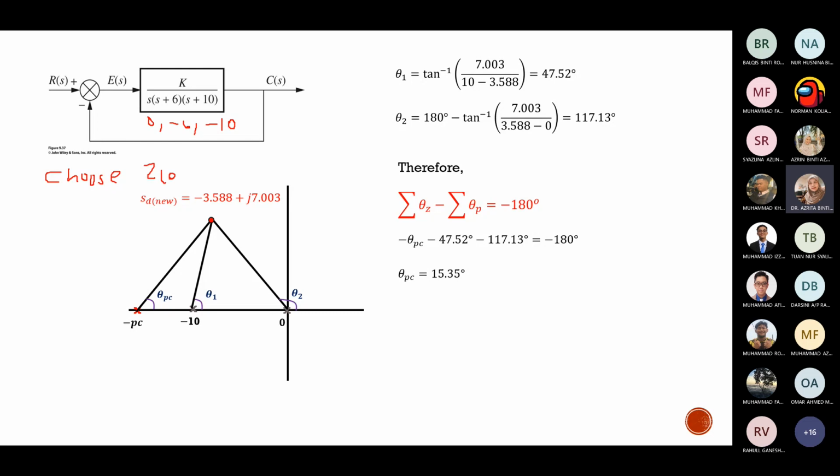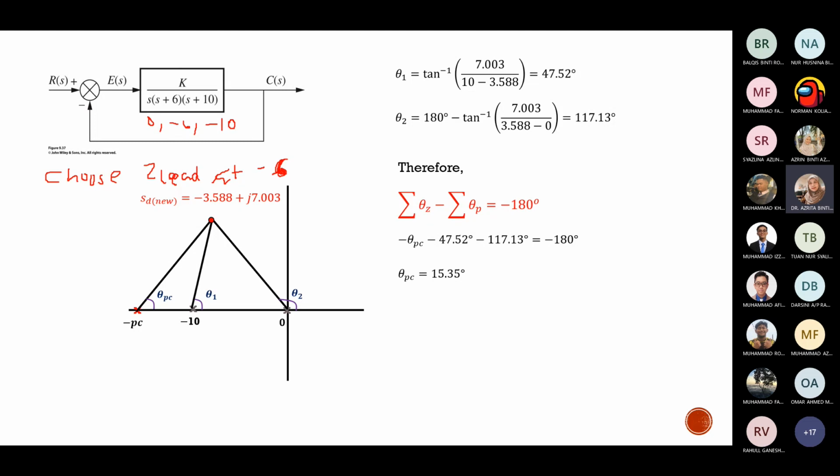Basically, in the final exam, we will choose Z lead at the same coordinate as one of the system poles. For this example, I choose Z lead at minus 6. When we choose Z lead the same as one of the poles from the system, we can have the zero-pole cancellation here.